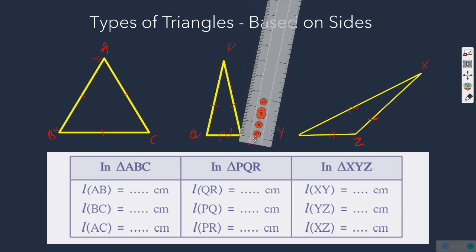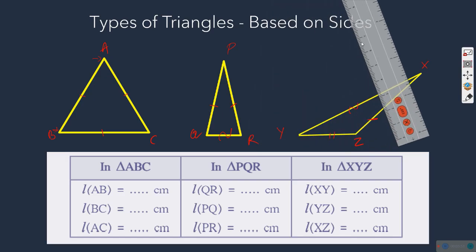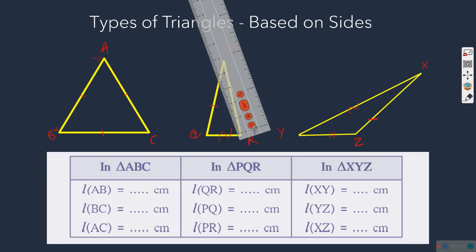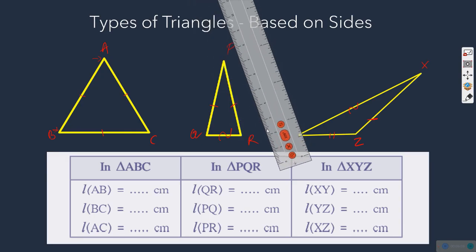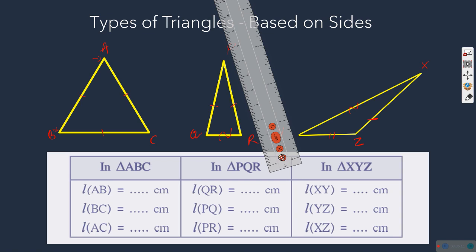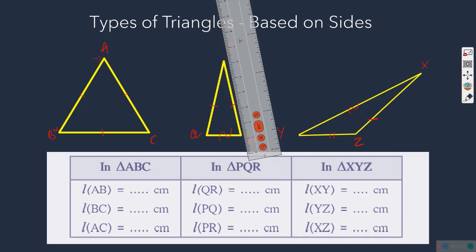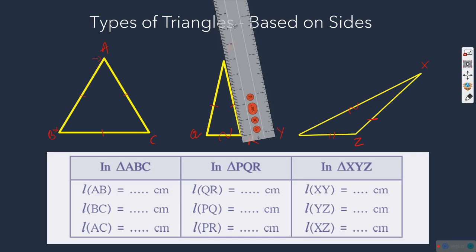The same way, this side is also almost 5 centimeter. Look at this. It is almost 5 centimeters. That means this is having two sides equal to 5 centimeter. The third side is different.